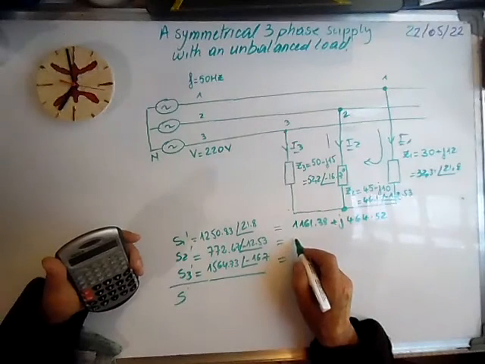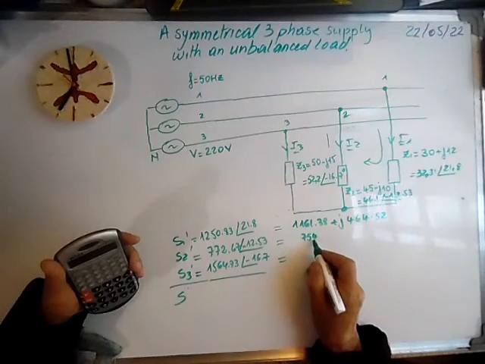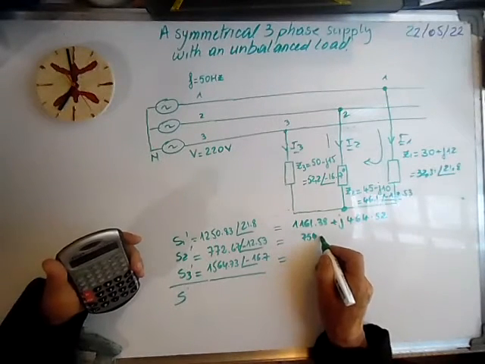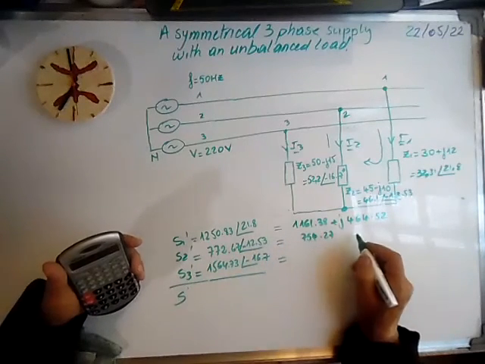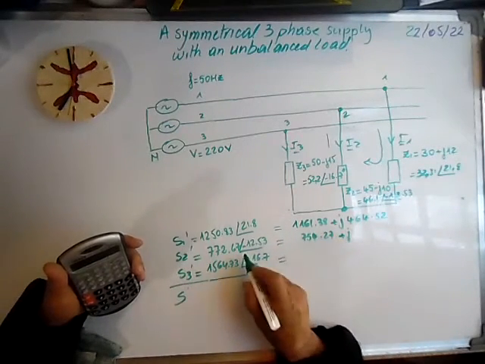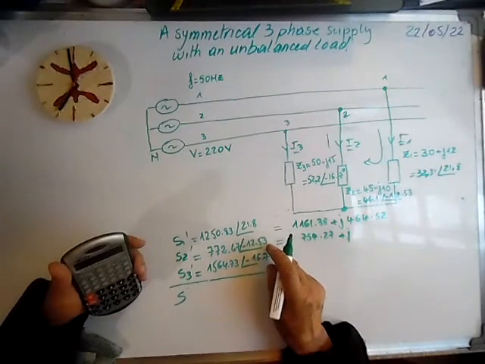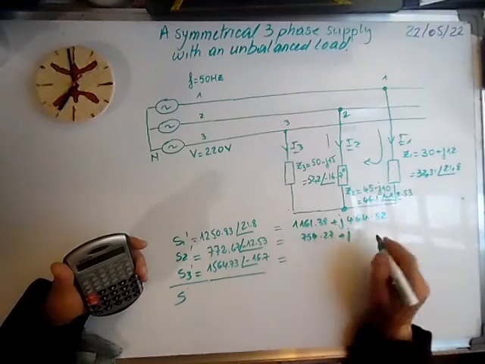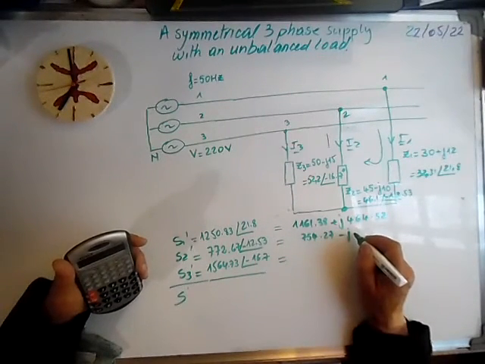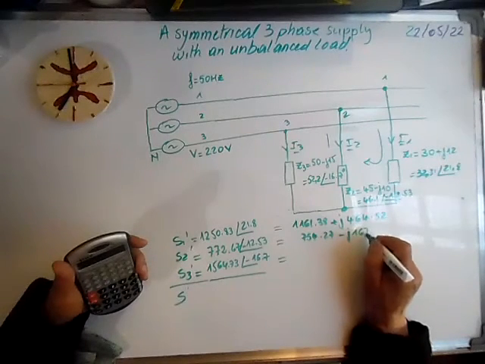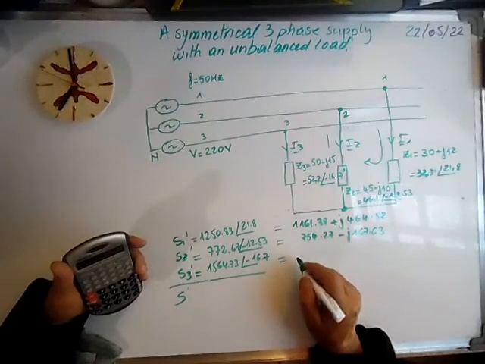Here we have active power of 754.27, this times cosine of 12.53, and the reactive power here is negative, 167.63.